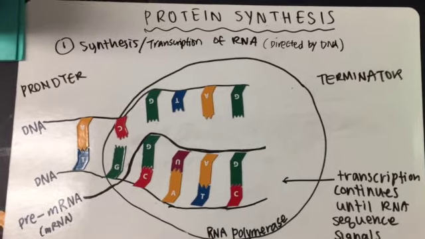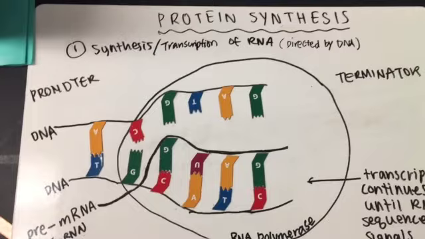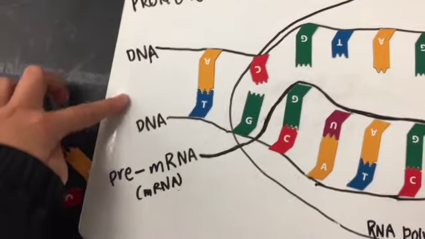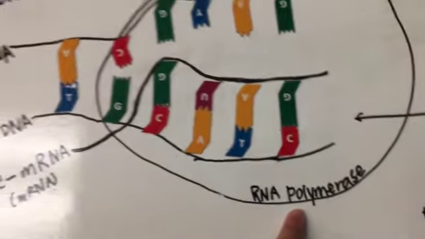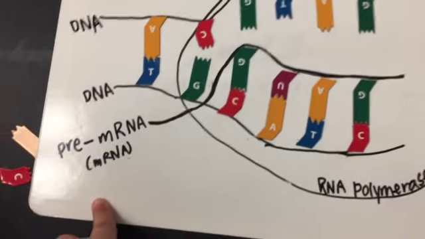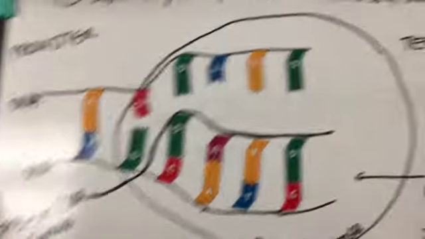Protein synthesis starts with the synthesis of RNA, and the transcription of RNA is directed by DNA. So as you can see here, the promoter is what initiates this transcription, and the DNA strands are split apart by the RNA polymerase, and the pre-mRNA come in and pair up with the bases of the DNA.